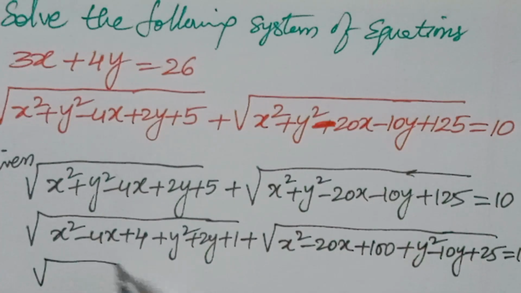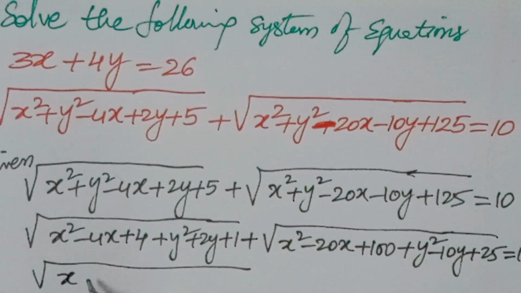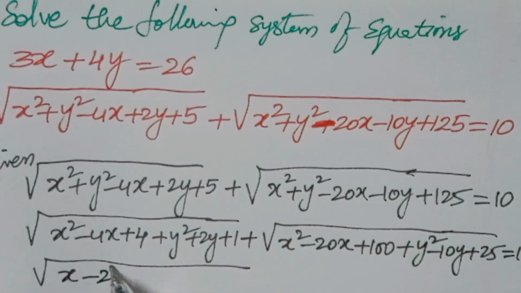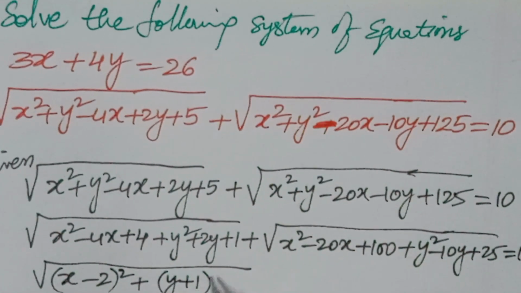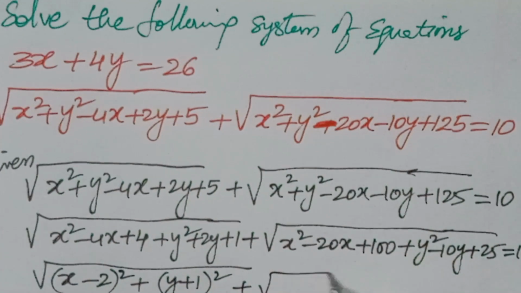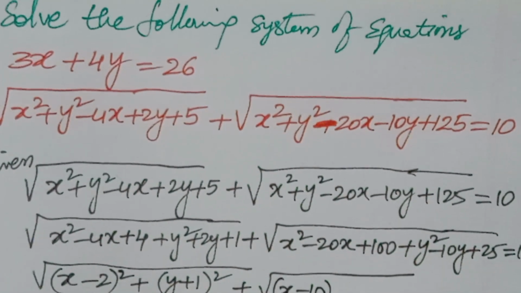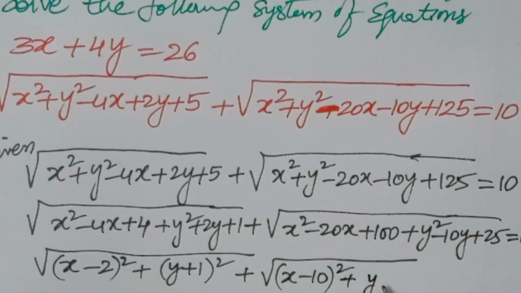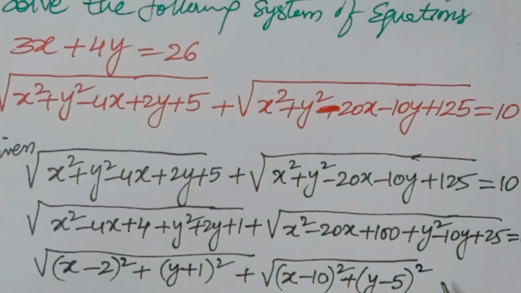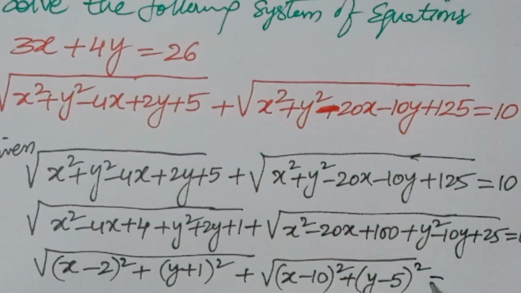So here, square root of (x minus 2) whole square plus (y plus 1) whole square, plus square root of (x minus 10) whole square plus (y minus 5) whole square, is equal to 10.